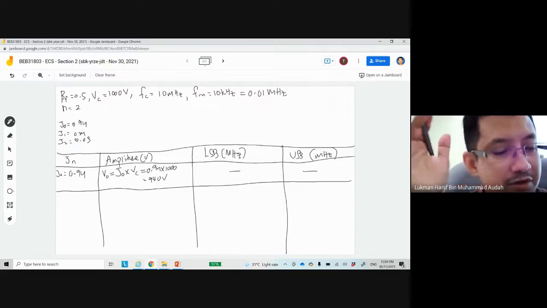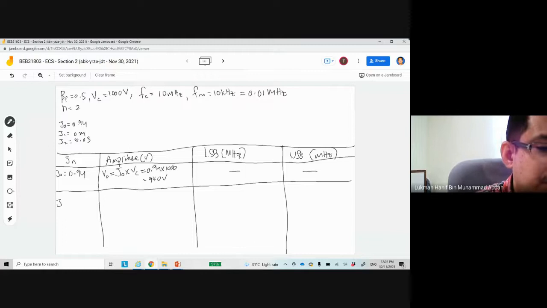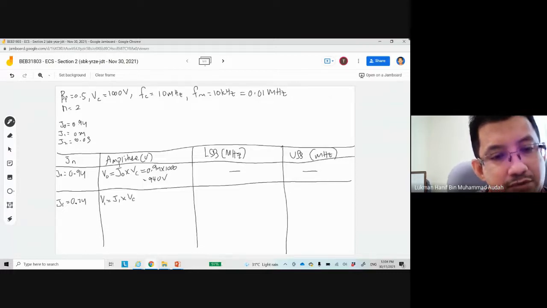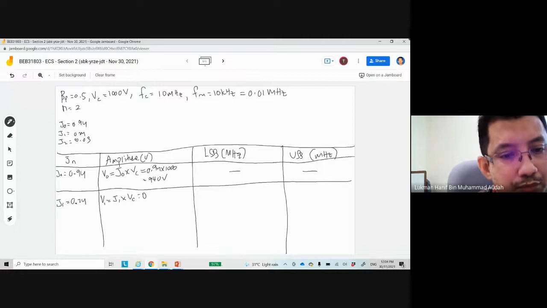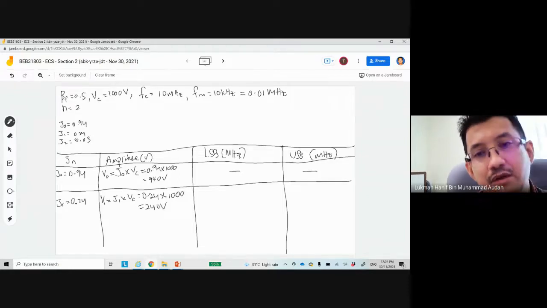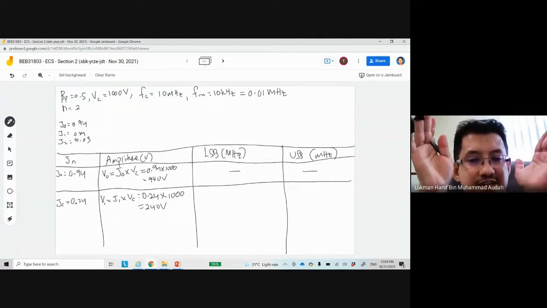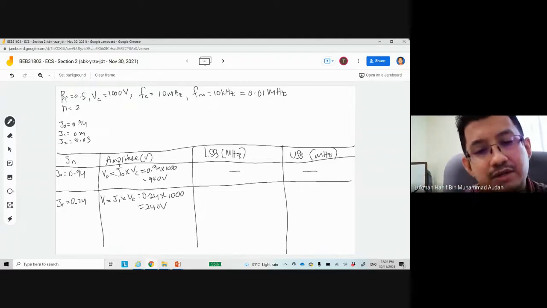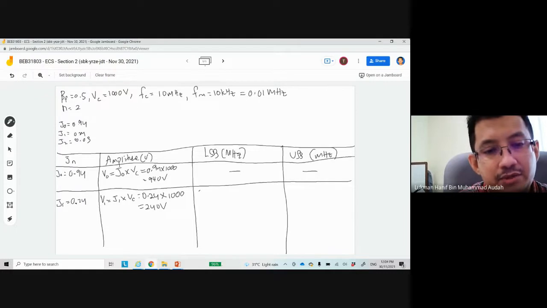Okay, and then I need to find V1. So J1 here is 0.24. Therefore V1 is equal to J1 multiplied with VC, which is 0.24 multiplied with 1000. So we get 240 volt. What about the frequency? This is the first sideband. Kalau first sideband bermakna untuk mengira lower sideband, dia adalah FC minus FM.